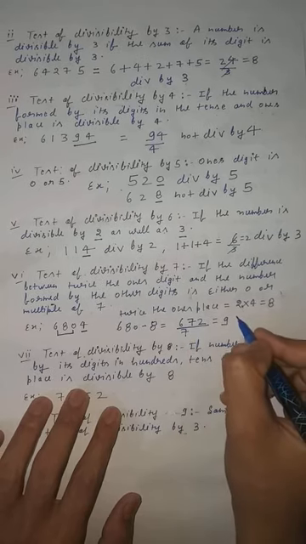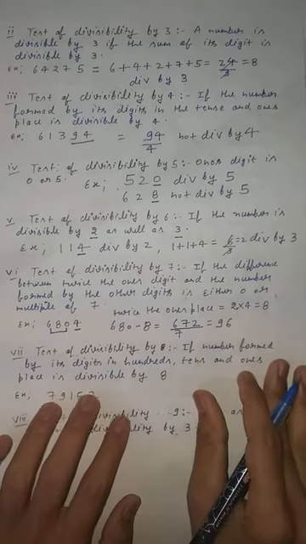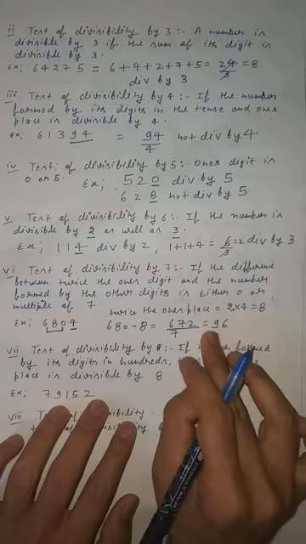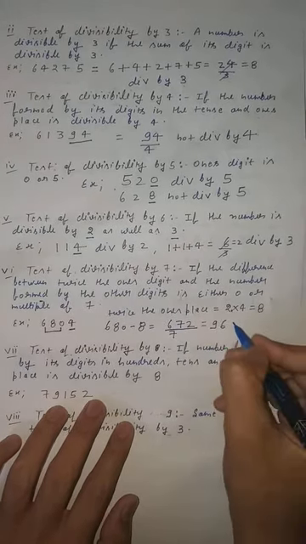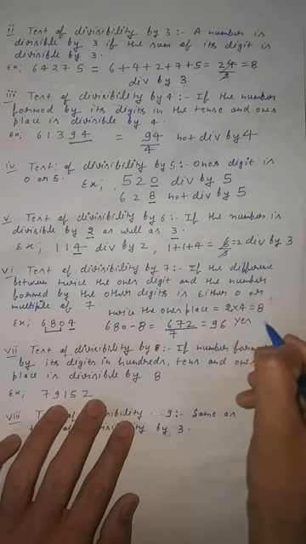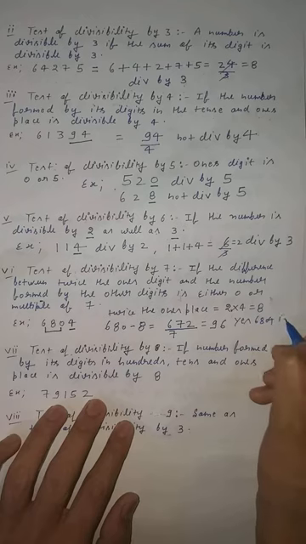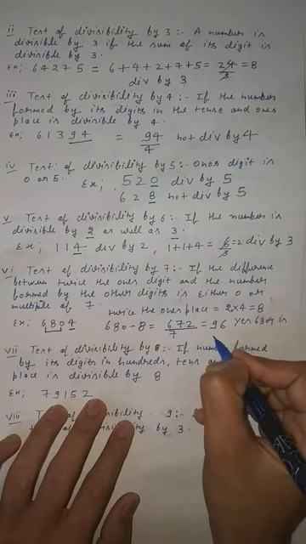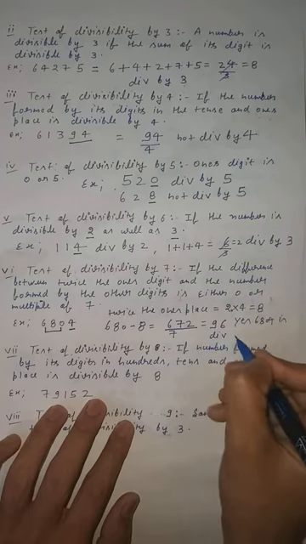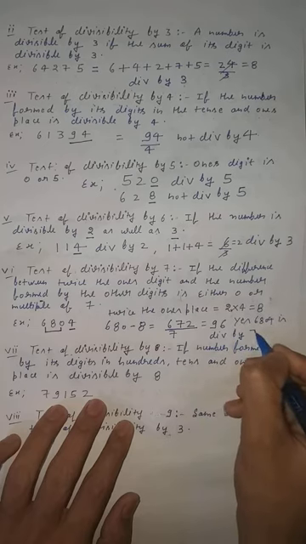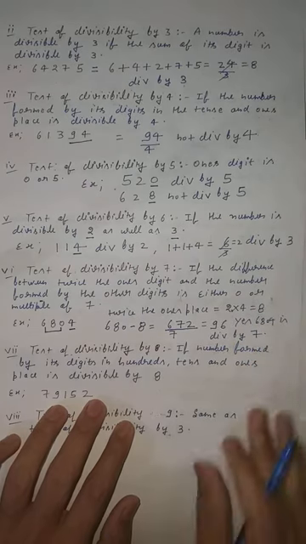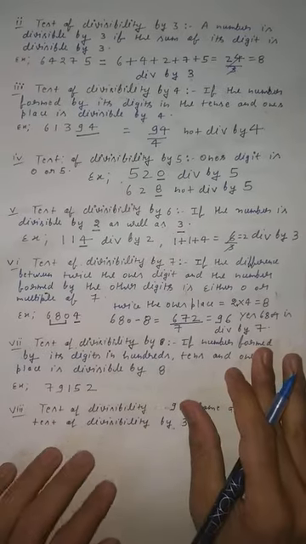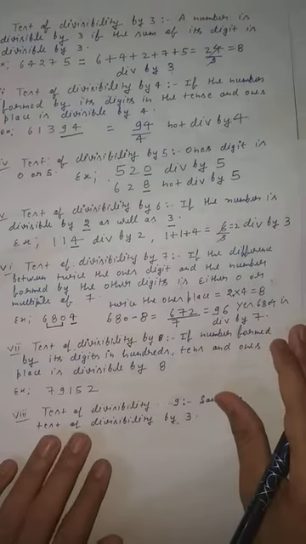So 7 6s are 42. That means this number is divisible by 7. So you can say yes, 6804 is divisible by 7. Clear students?